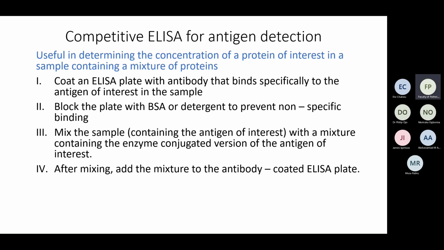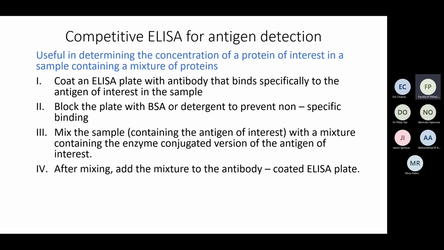So after you have mixed them, you now use them to coat your ELISA plate, so that the competition for binding takes place between the protein of interest in your sample and the protein that has been conjugated to the enzyme. So after mixing, add the sample to the ELISA coated plate.